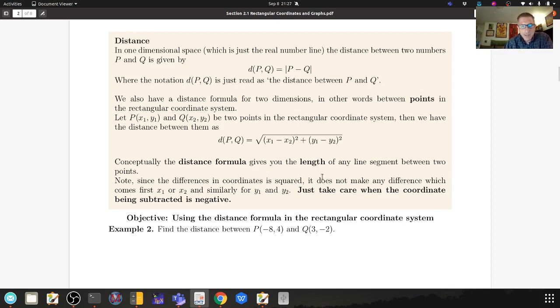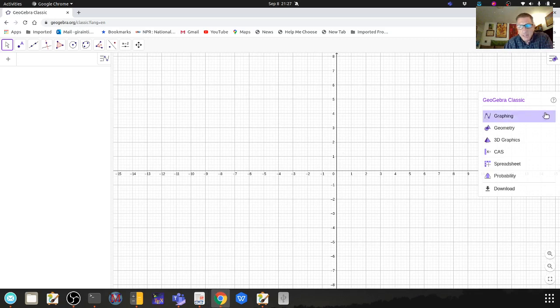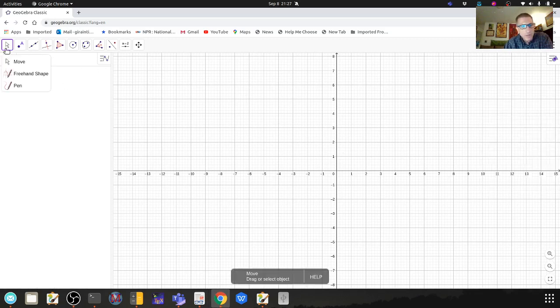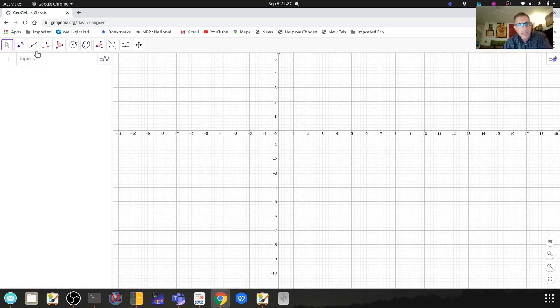So here is the cool thing. Here is the rectangular coordinate system. And I'm going to put a point here and another point here. And the interesting question is each one of these points has coordinates.